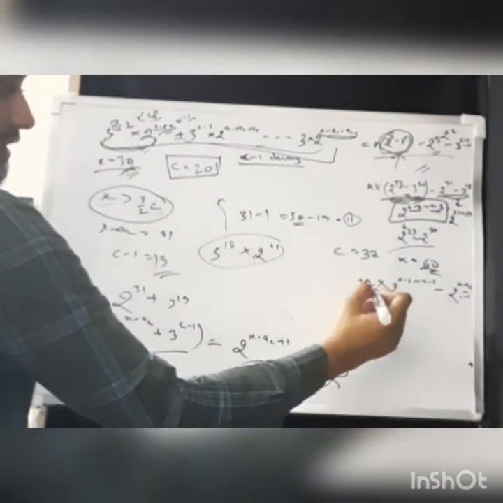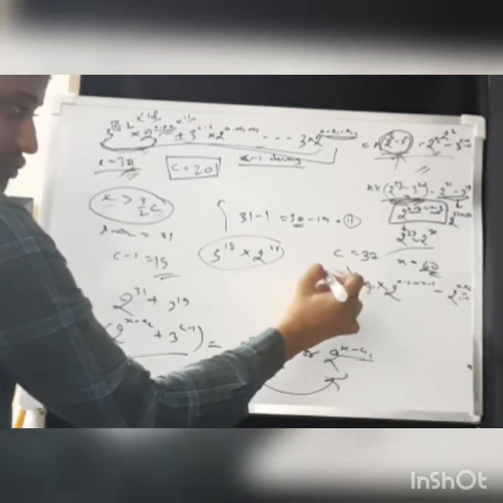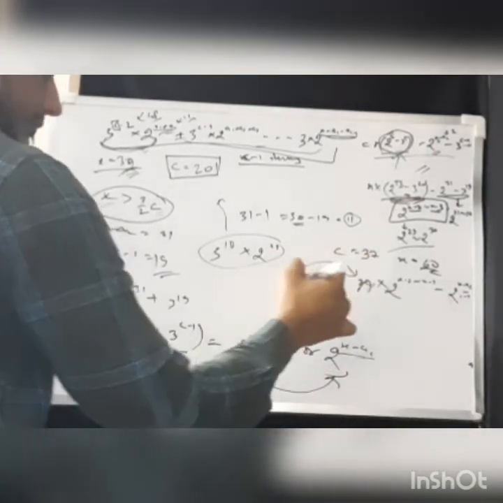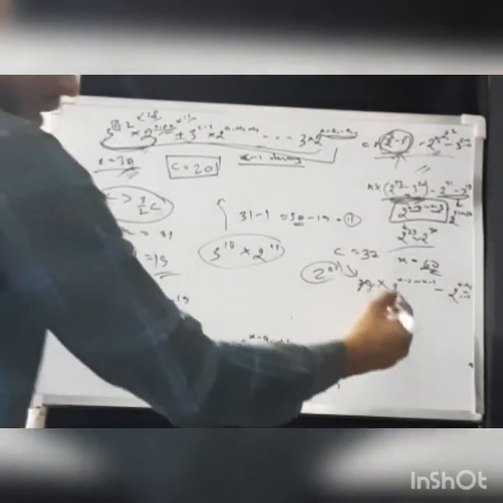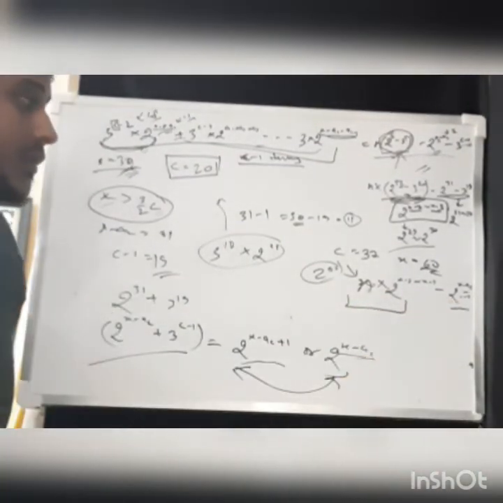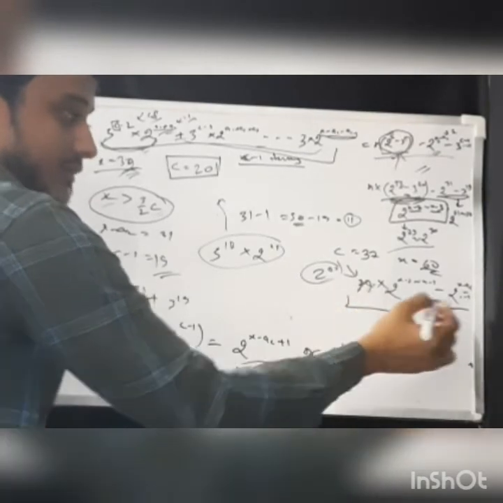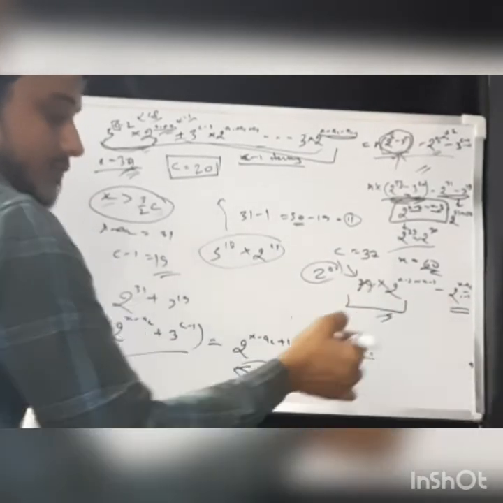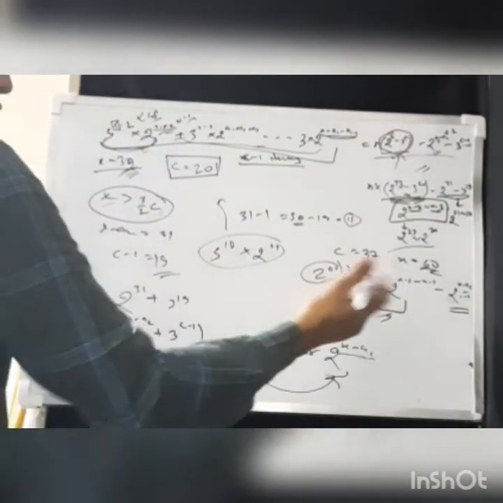And because I know that n is 2 to the power 60 or larger than 2 to the power 60, I know that this is a much larger number than this. Even if you subtract this number from this, it's not going to make a difference.